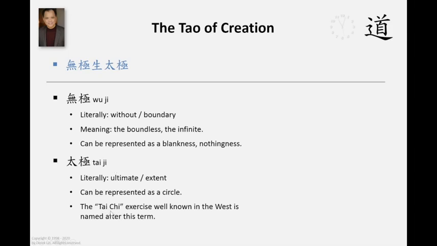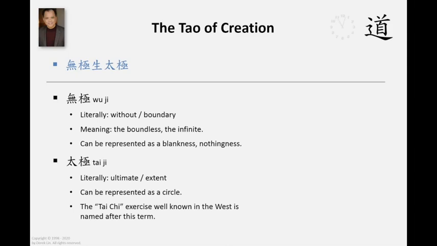It always was supposed to be pronounced Taiji, but nobody knew that Chi, Qi, was supposed to be pronounced that way. So everybody says Tai Chi, but it's actually Taiji. So it's well known in the West, and it's actually named after this term. The full name for the exercise and martial art is Tai Chi Quan.